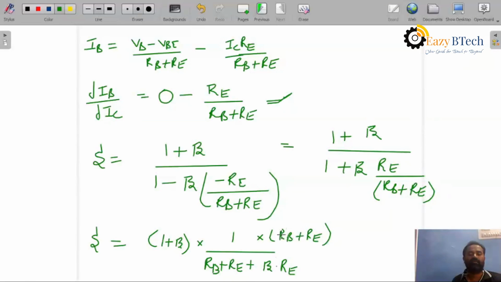This is the value, and we assume it as equation 4. Now make RE common from the numerator and denominator. What is the stability factor?